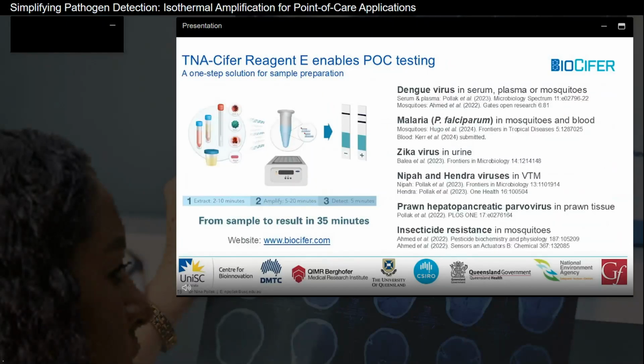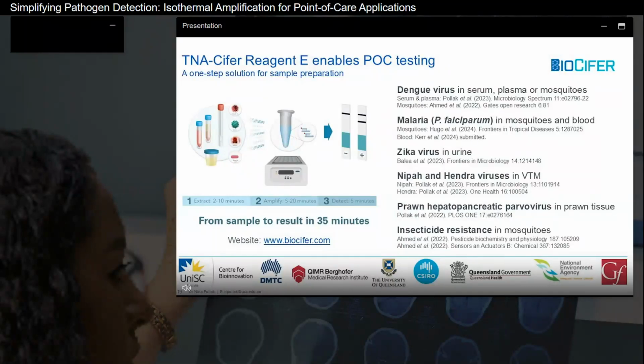This one-step solution for sample preparation has been applied across various pathogens and sample types, making it a game changer for different testing needs. It's been successfully used for dengue virus detection in serum, plasma, and mosquitoes, malaria, in detail Plasmodium falciparum detection in mosquitoes and blood, Zika virus detection in urine, Nipah and Hendra viruses detection in viral transport medium, prawn hepatopancreatic parvovirus detection in prawn tissue, and even for identifying insecticide resistance in mosquitoes.